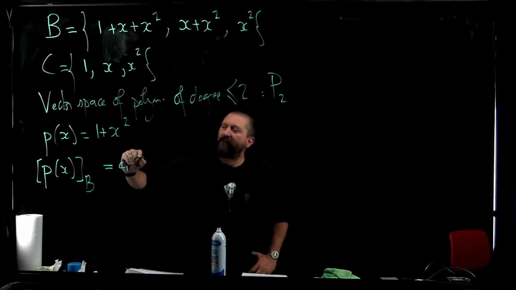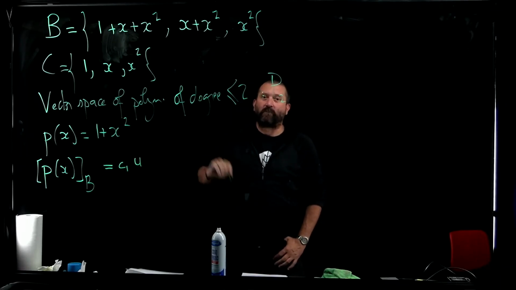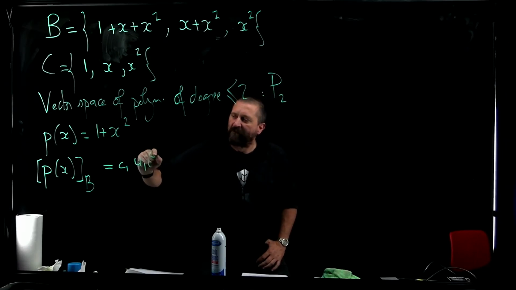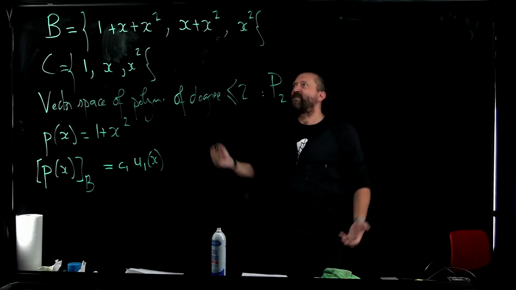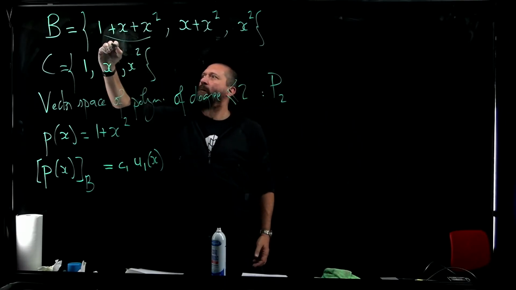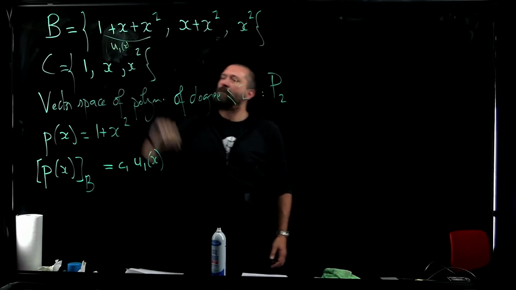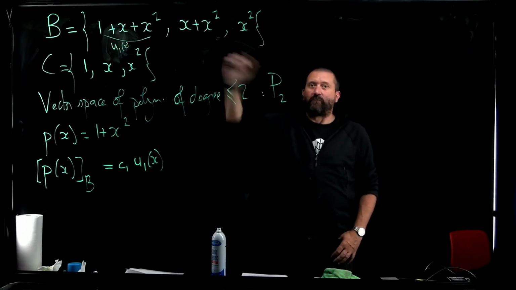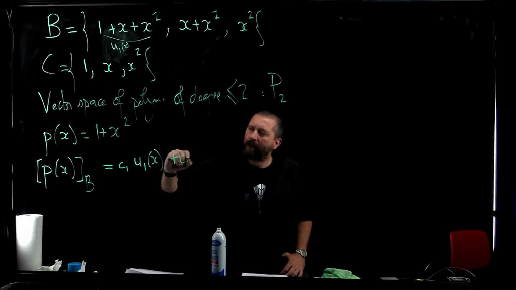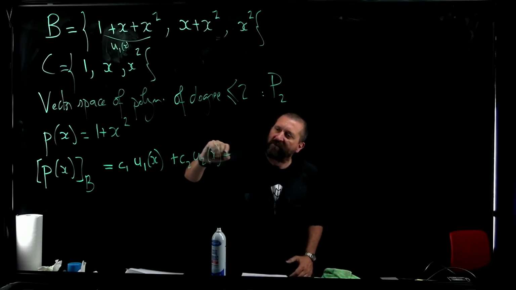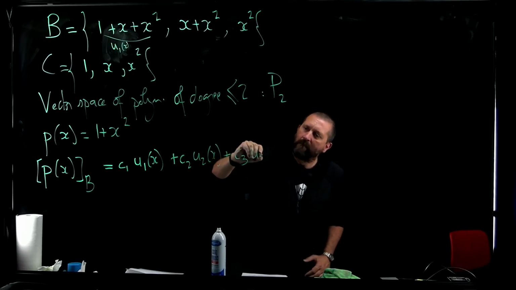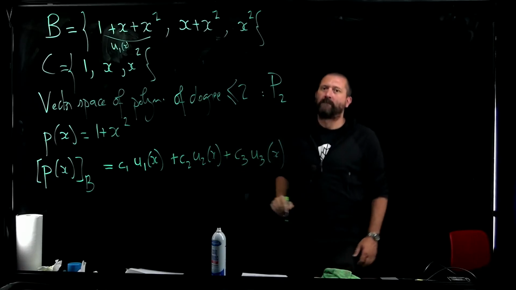By analogy with what we had before, but indicating it's a function of x, C1 U1 of x, plus C2 times this, plus C3 U3 of x.